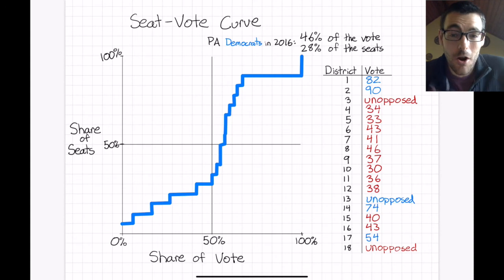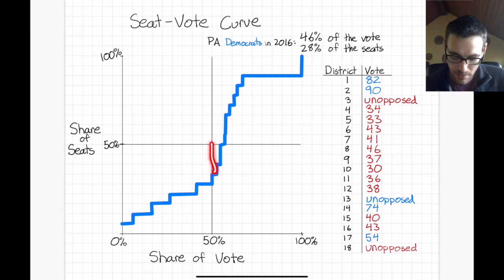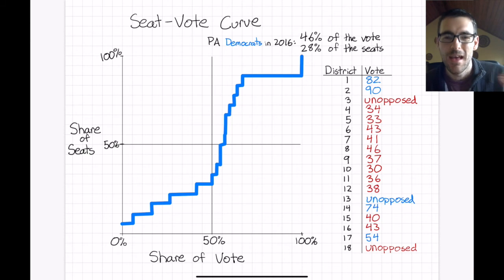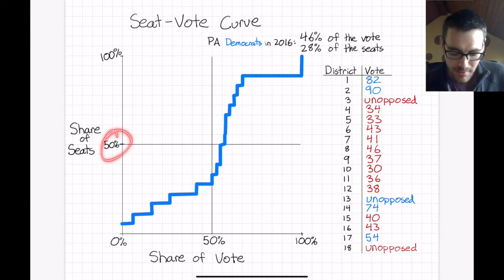I do want to say that there are several other metrics for determining how gerrymandered a particular map might be. One of which is, rather than asking about this vertical distance, we can ask about the horizontal distance. The vertical distance was saying, if you won 50% of the vote, how much different than 50% of the share of seats do you get?